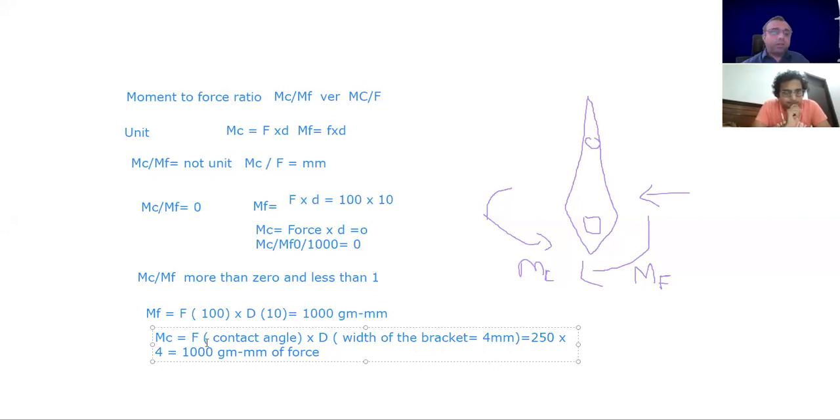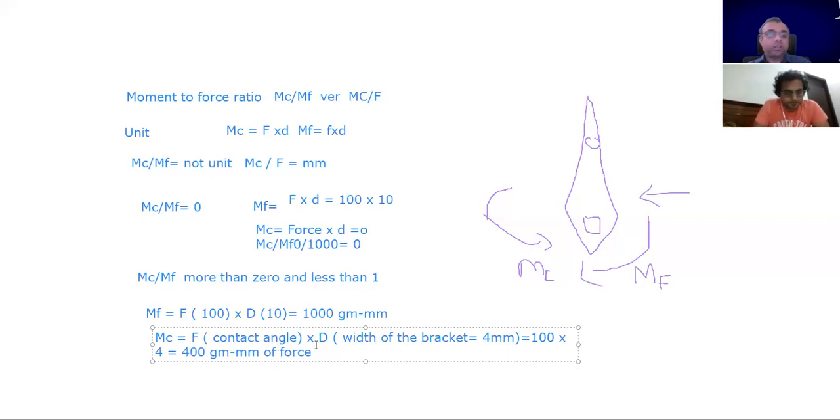But here we are not going for bodily movement. Here we are giving the example of a moment of couple to moment of force ratio more than 0 but less than 1. The bracket width is fixed, but if we apply less force, let's say 100, the end result would be 400.